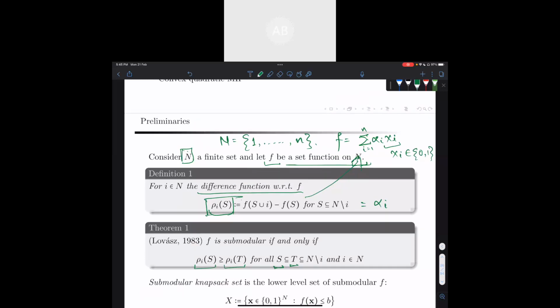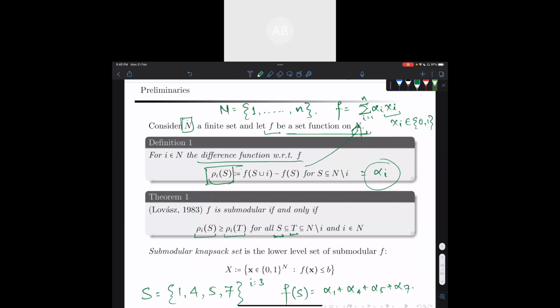Clearly this function is not submodular because here rho I of S is independent of S. It doesn't matter which input set I add I to, my contribution is always going to be alpha I. So these are called modular functions. And we're looking at submodular functions. That is, the bigger the input set, the smaller my contribution, right?